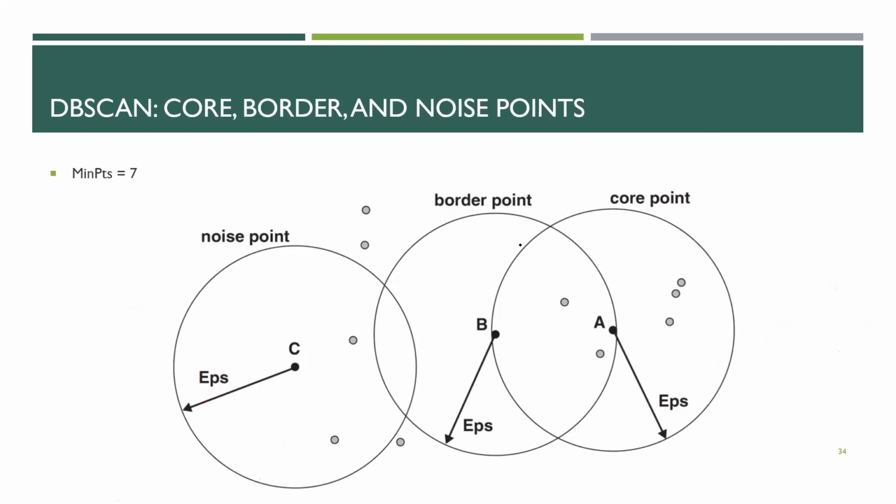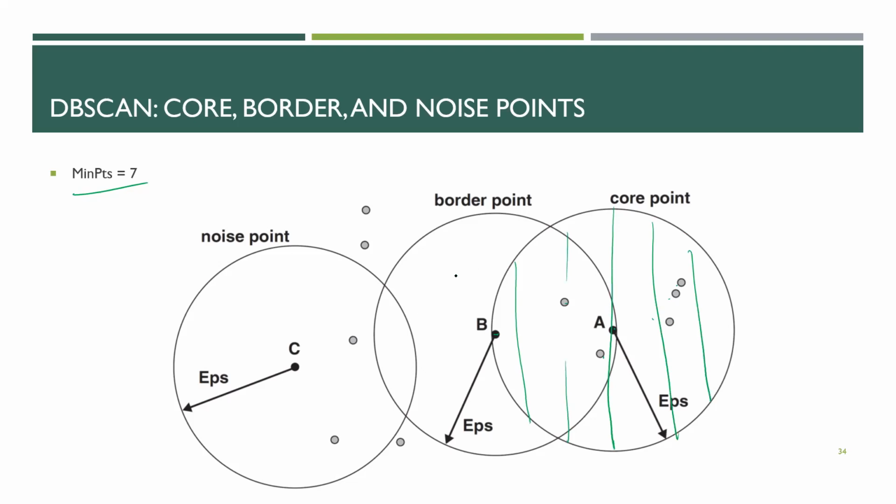Here I have a picture. For example, if the minimum points is 7, then for A we count 1, 2, 3, 4, 5, 6, 7. Okay, we have 7, so A is the core point. This is the area of the core point.